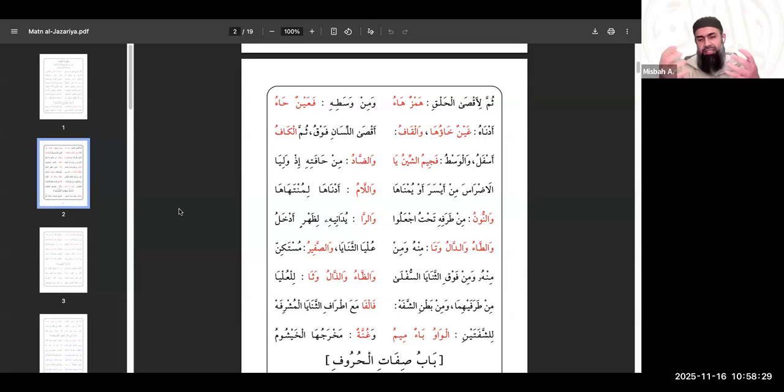Falfa. So he places the fa, this is because of the poetry. When they write poetry, they have to reorganize and restructure it sometimes to flow. وَمِن بَطْنِ الشَّفَةِ فَالْفَا. That is, fa is from the inside of the shafa. Which shafa? We don't know yet. From the inside of the lip, مع أطراف الثنايا المشرفة, with the tips of the upper central incisors.